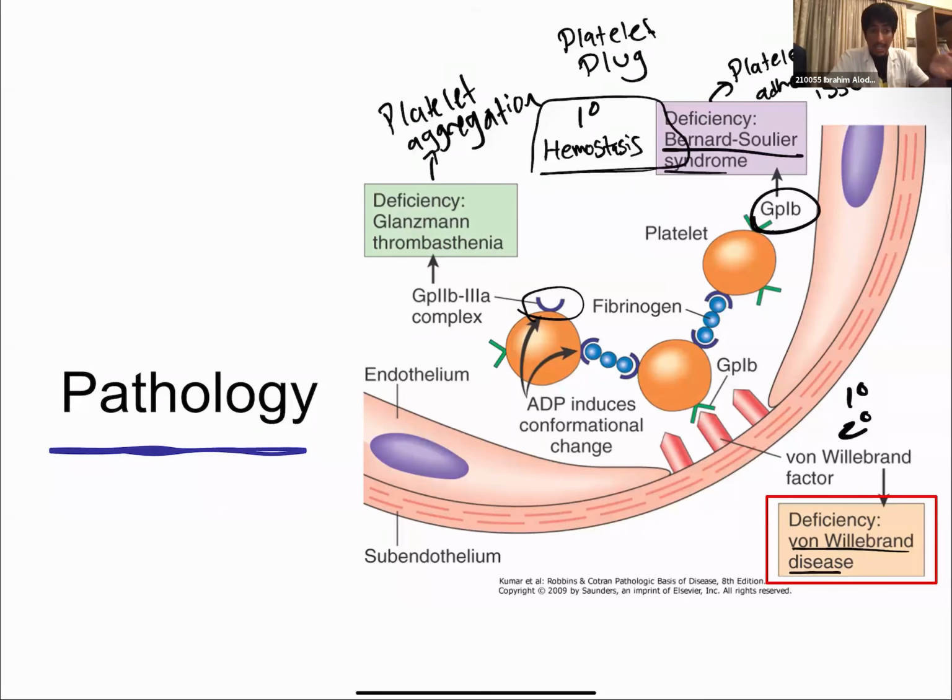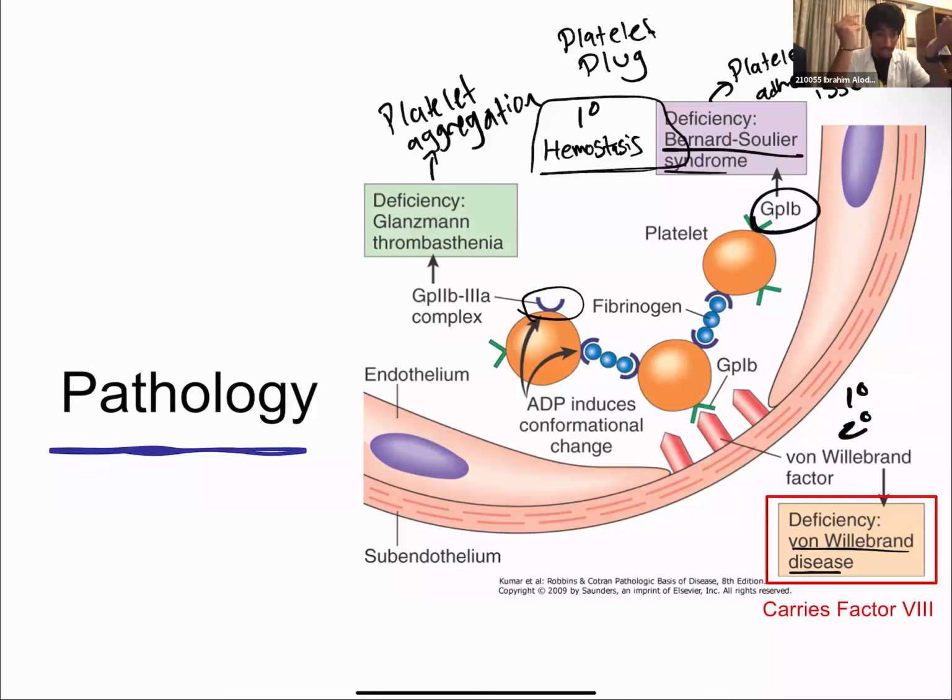Its involvement in secondary hemostasis is that von Willebrand factor is responsible for carrying factor 8. And factor 8 is present in the intrinsic pathway. And we're going to talk about all of those pathways in a bit. So von Willebrand factor, if deficient, means that there is an issue in both primary hemostasis and secondary hemostasis.